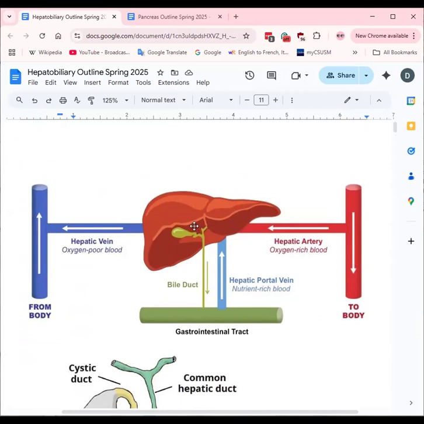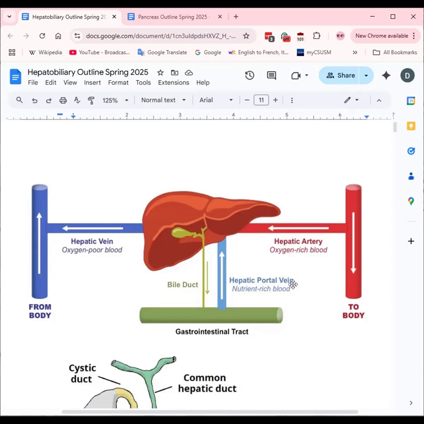Anything you ingest through the GI tract is going to get worked on by the liver. One of the ways to avoid that is usually getting medication or things into the body through other ways to avoid the first pass phenomenon. But it is that vein that gets to the liver.